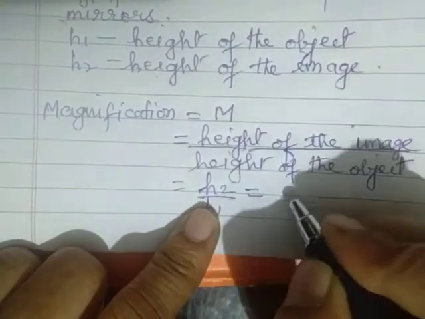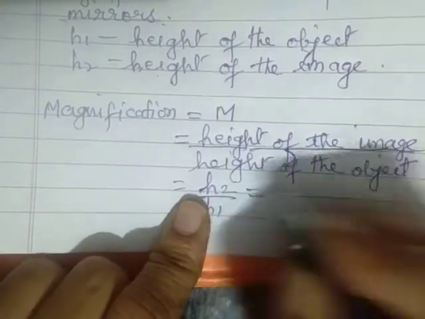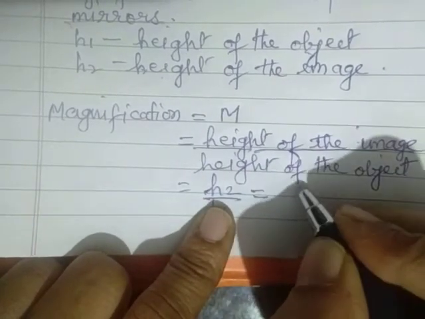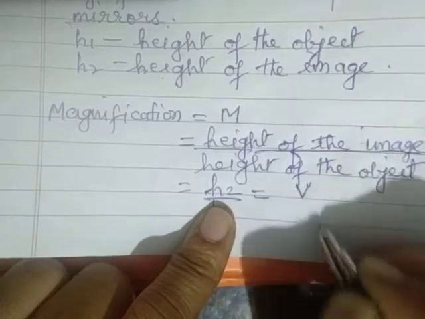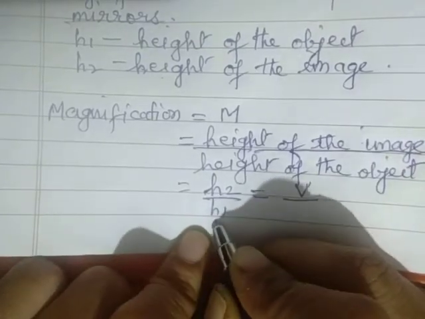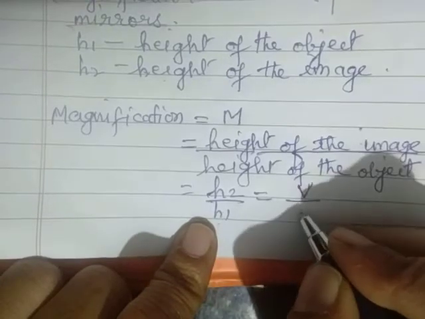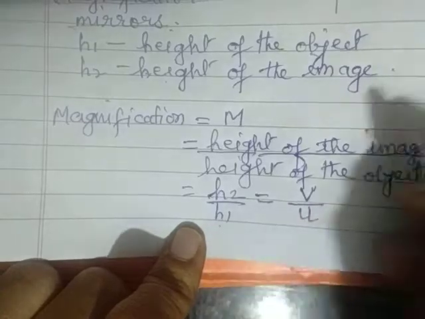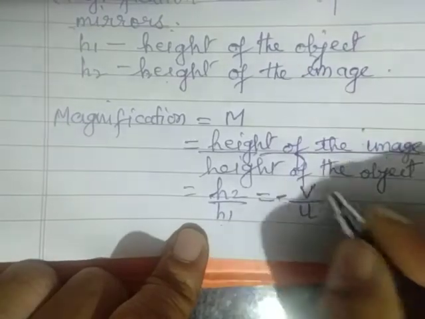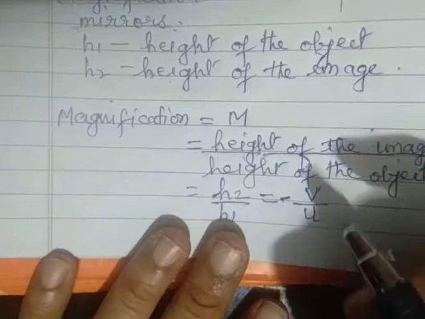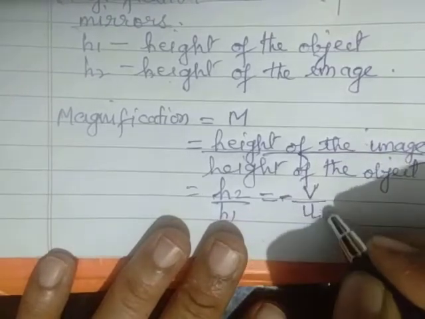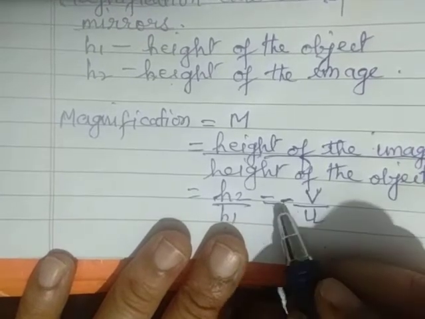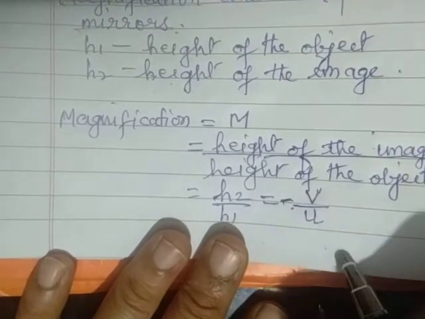The height of the image corresponds to the distance of the image, and h1 corresponds to the distance of the object. Therefore h2 upon h1 is equal to minus v by u. Why minus v by u? It's because the object distance is always negative, therefore we write the sign here: minus v by u.